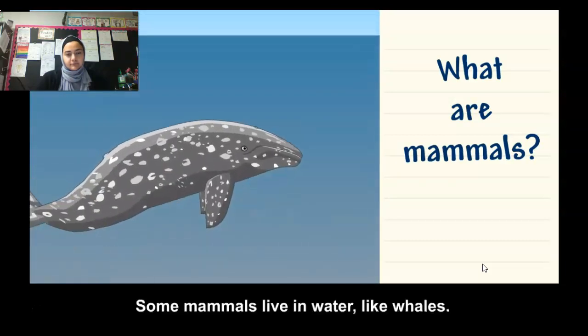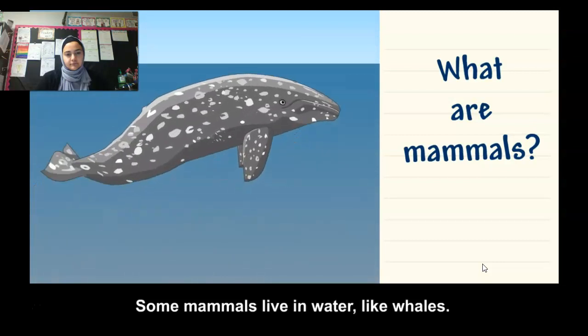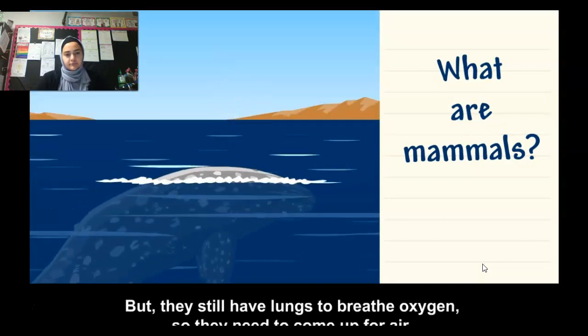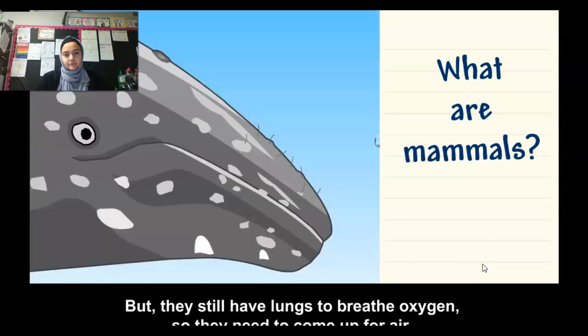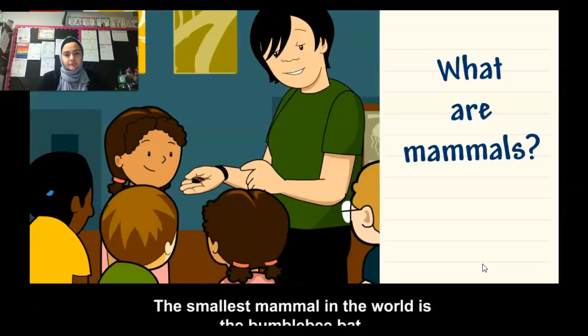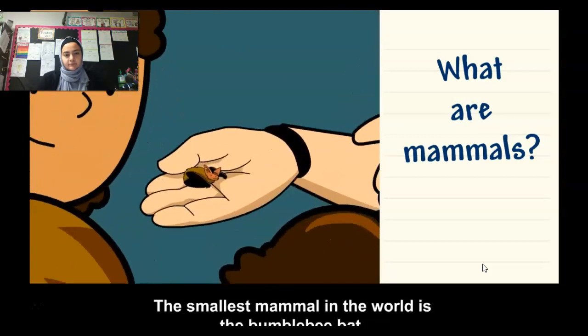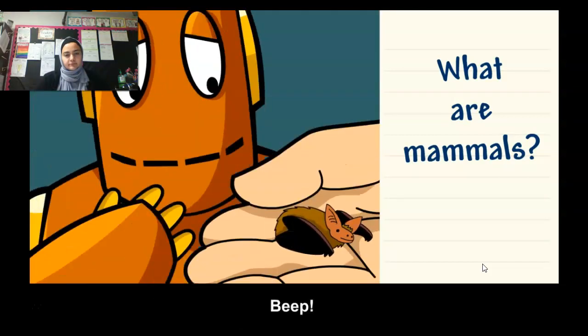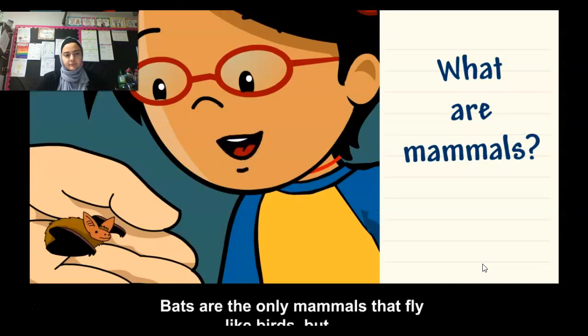Some mammals live in water, like whales, but they still have lungs to breathe oxygen, so they need to come up for air. They even have hair. The smallest mammal in the world is the bumblebee bat. It's about the size of a thumb. Bats are the only mammals that fly like birds.